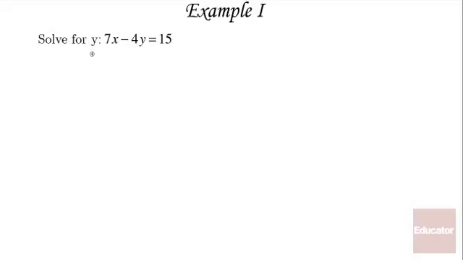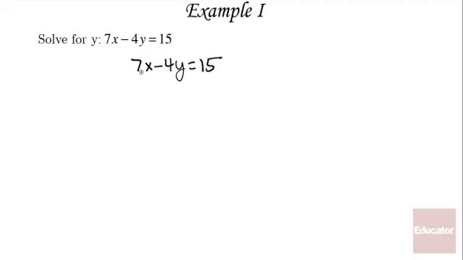A similar example asks you to solve for y when given the equation 7x minus 4y equals 15. The first thing that I need to do is move the term I'm solving for to the left side. I see that there's only one term containing y, and it's already on the left side, so that's done for me. The second thing I'm going to do is move all the other terms to the right side of the equation.